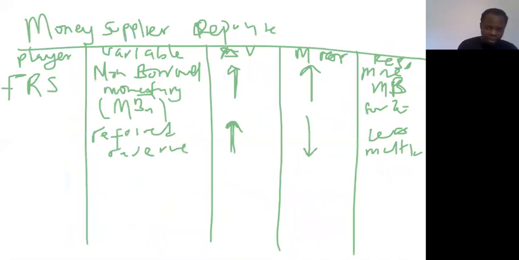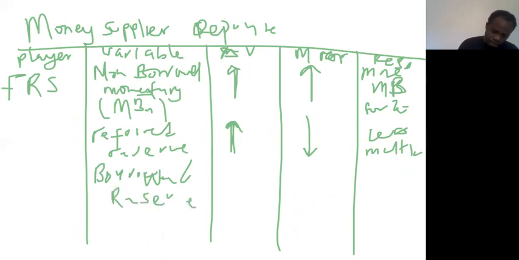Now the next one that we are going to look at is the borrowed reserves. When borrowed reserves go up, our money supply also goes up.